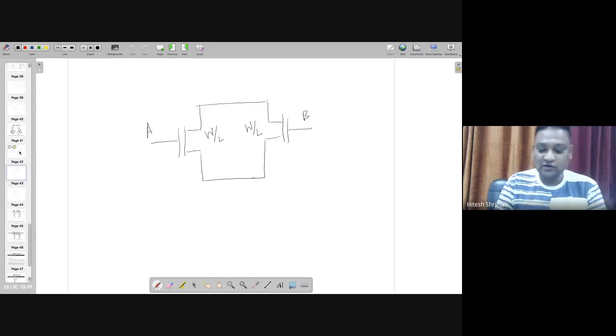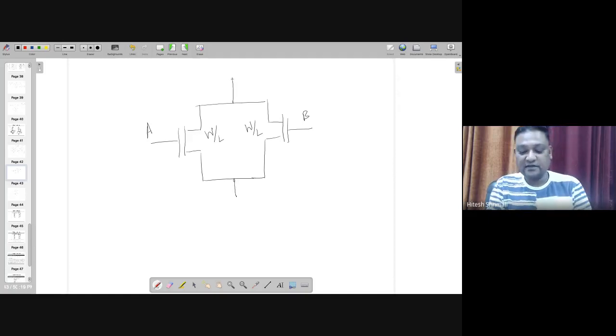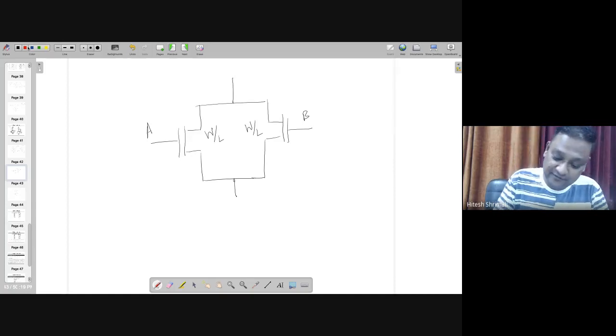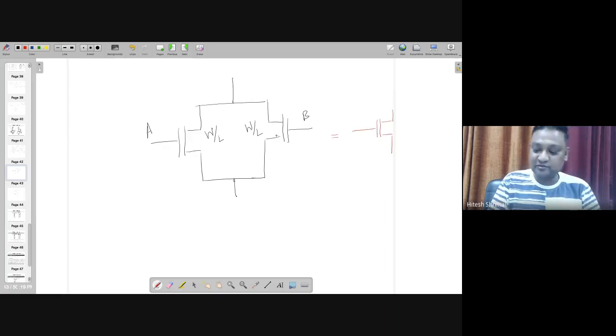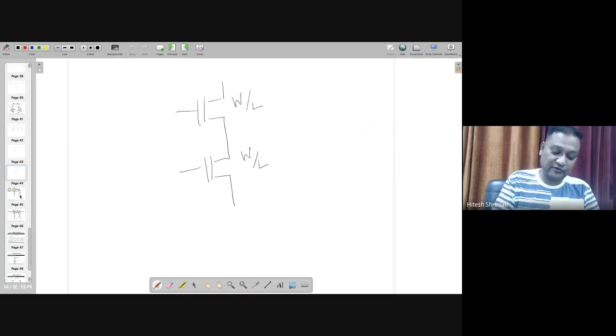If I'm keeping two transistors in parallel, look at this, and I draw an equivalent transistor combining both of them, what should be the W by L of the equivalent transistor? And the same for this one also.